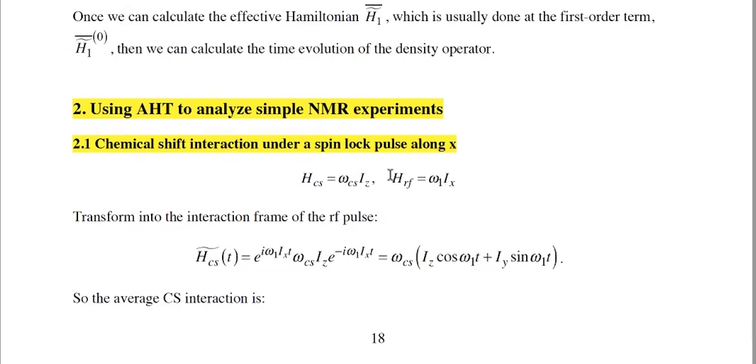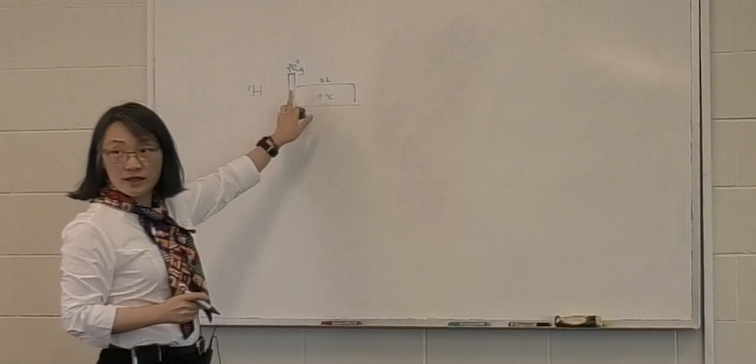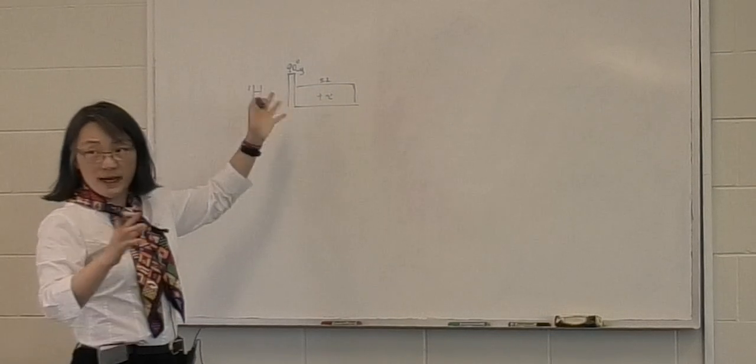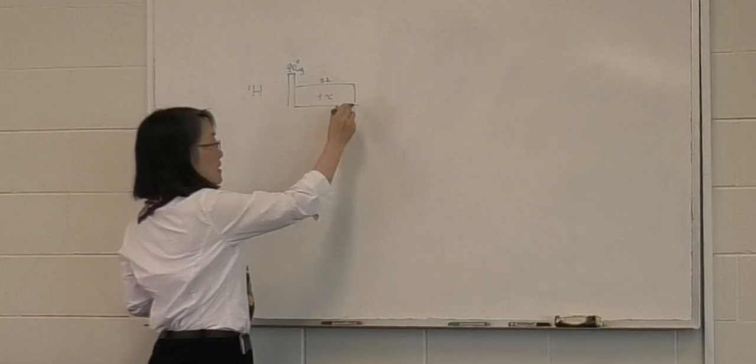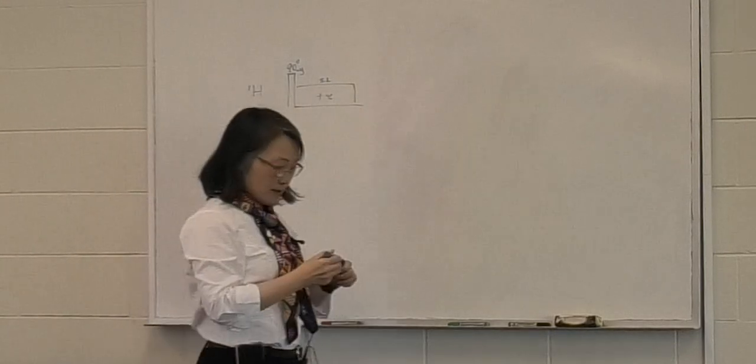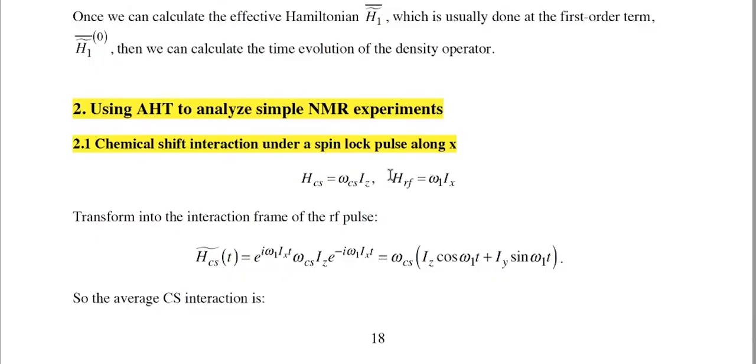And I'm going to now do a spin lock, choosing continuous irradiation in a certain direction. That direction better be perpendicular to the initial 90-degree pulse. It doesn't matter whether plus x or minus x. So I want to know what happens due to this spin lock term, and you can ask, what is the effect of the spin lock on the chemical shift interaction?